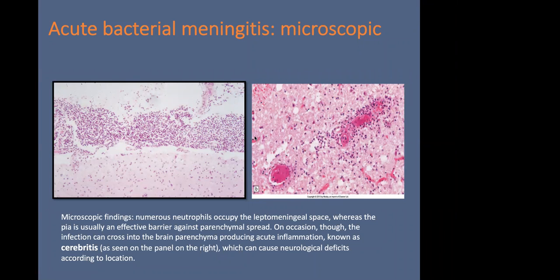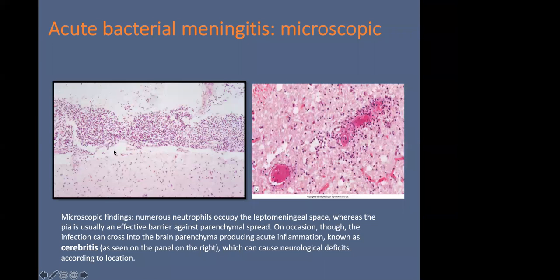When that happens, we can see a small focus of acute inflammation, a nidus, and this we will call cerebritis. So leptomeningitis can spread into the brain, not very common, but it happens, to produce cerebritis. That is a complication which prognostically is not good.